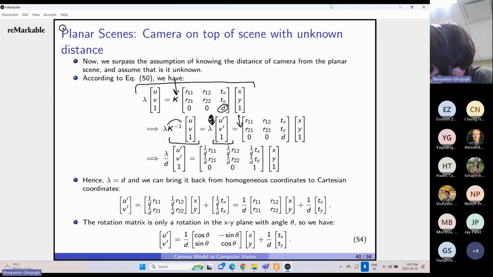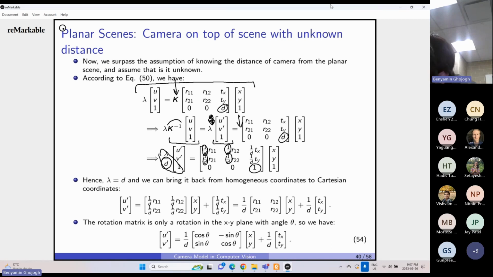So D, now D is a pain in the neck, which is unknown. Let's divide the sides of this equation by d. So I have lambda over d. Also, all of these elements divided by d. But here, this d becomes 1. Agreed? Now let's solve this.